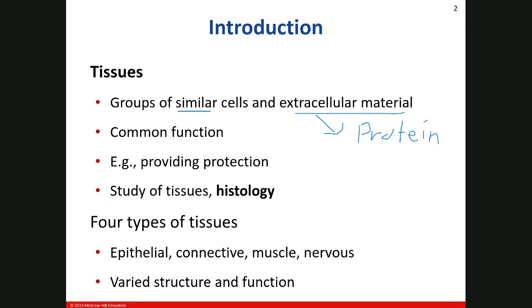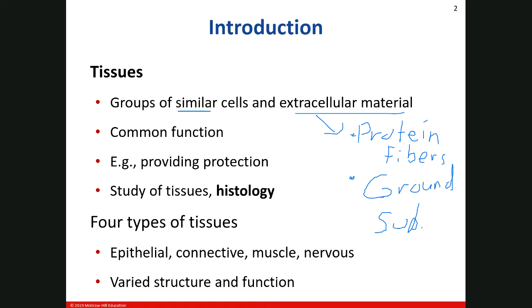And then the other part that makes up the extracellular material is called ground substance. So protein fibers and ground substance make up the extracellular material.